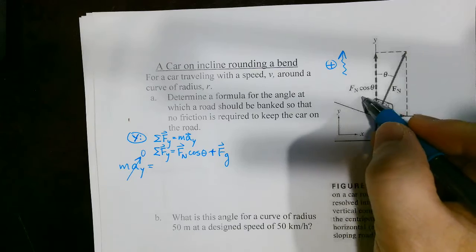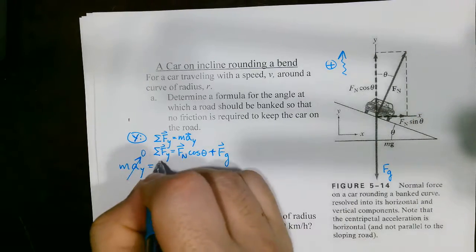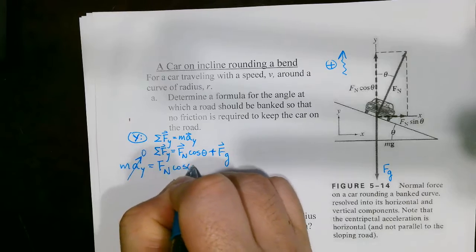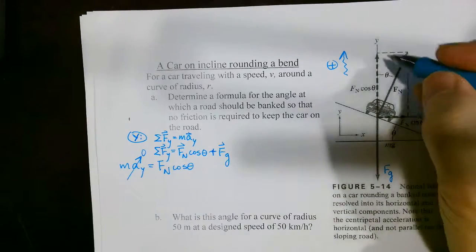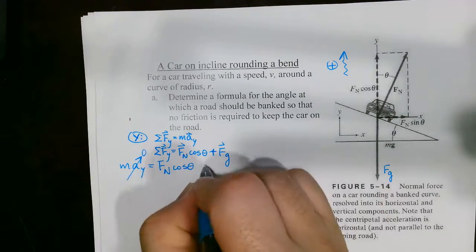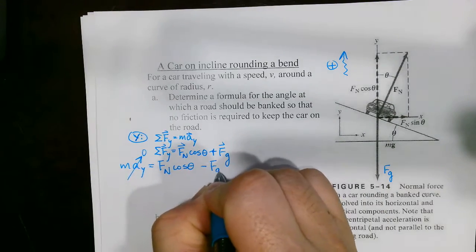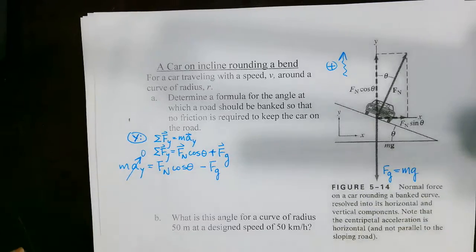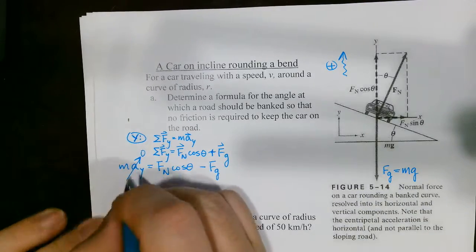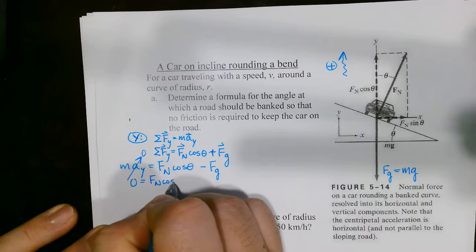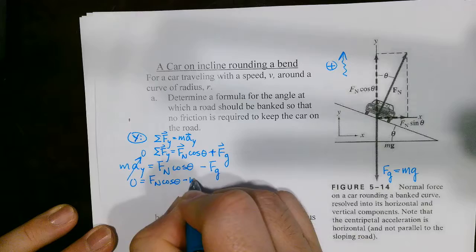We said Fn cosine theta is positive, so we keep that as positive: Fn cosine theta, the adjacent component, minus Fg. And we know Fg is equal to m times g. So 0 is equal to Fn cosine theta minus mg.